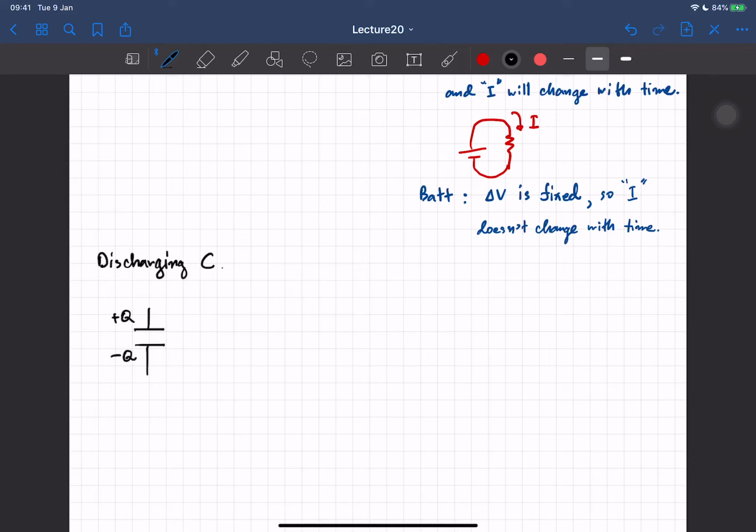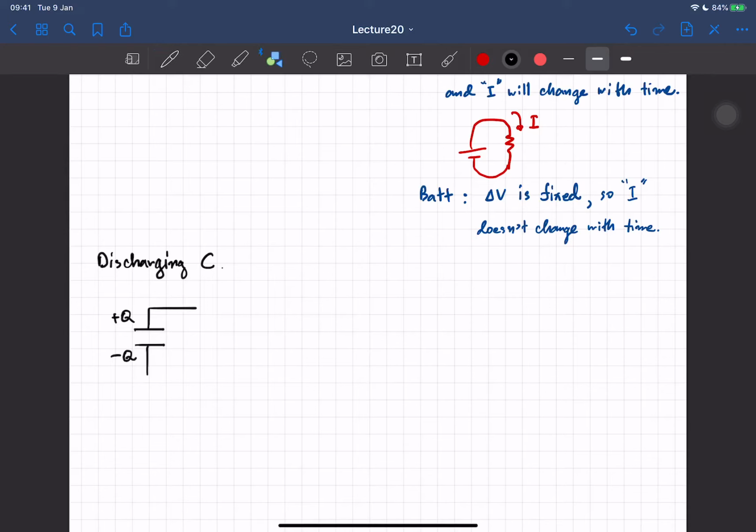Okay, and if you don't do anything to this capacitor, ideally, then the charge will just stay there forever. But in real life, you're going to have charge leakage, believe it or not, electrons can just jump through the air, even though it's a very small amount. You're going to have charge slowly decaying. But ideally, that's not going to happen.